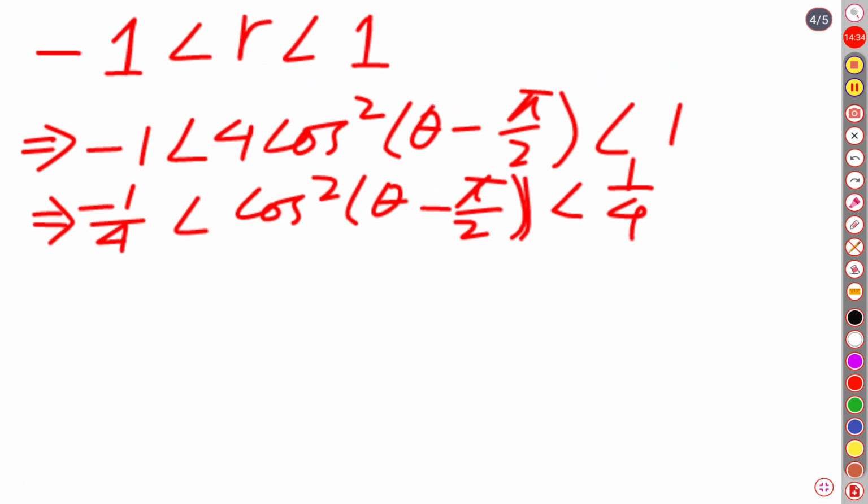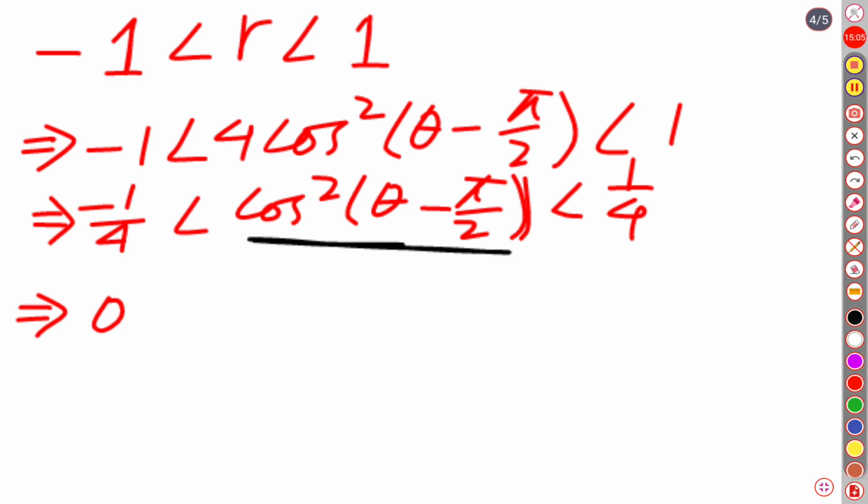Let's have a look at this. Cos square can never actually be negative. The least value for cos square is 0. Remember, the cos square graph can never possess a negative value.